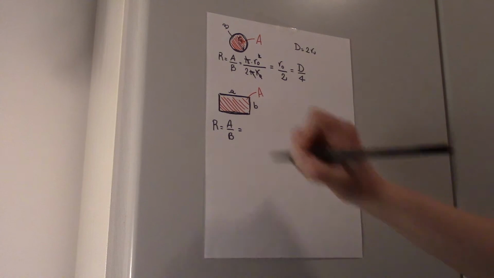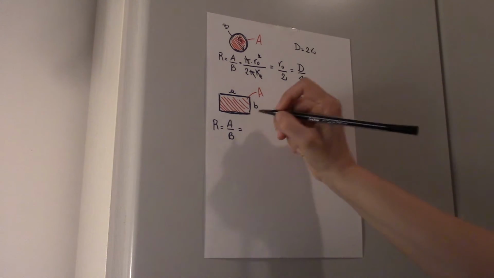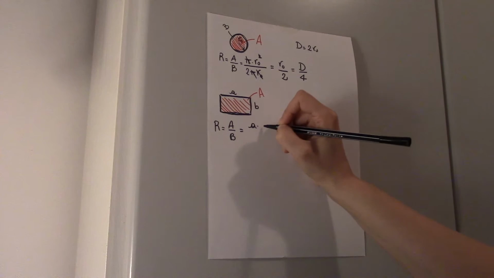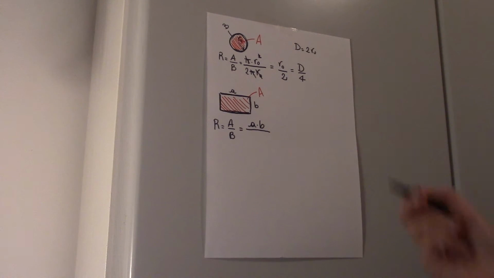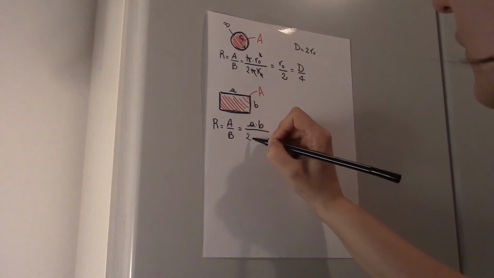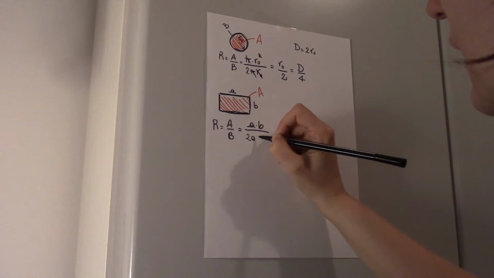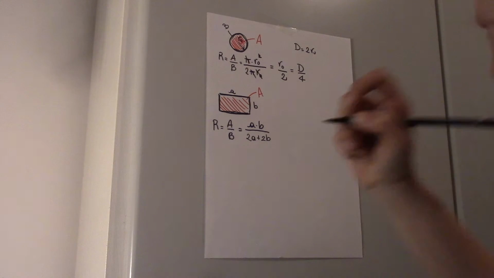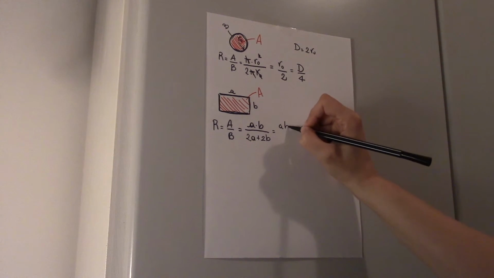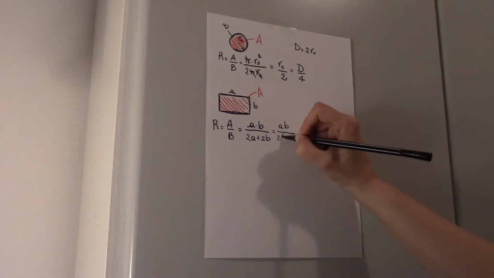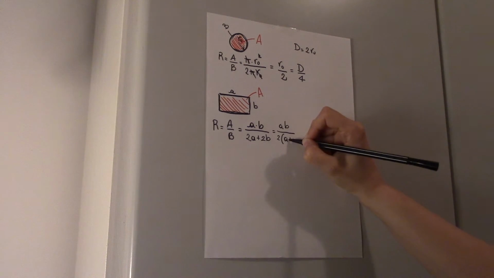So we get that the area, of course, is A times B, while the perimeter would be 2A plus 2B, or AB over 2 that multiplies A plus B.